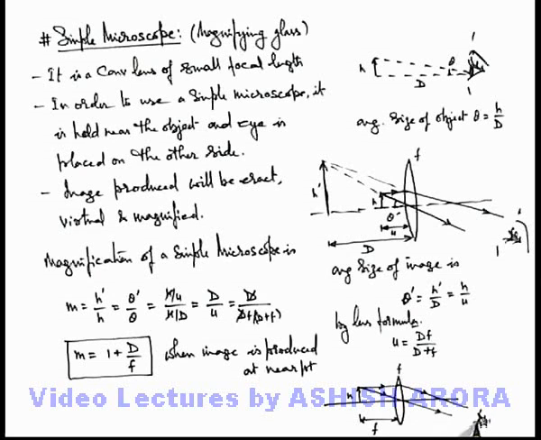And from this side, if the observer looks into the simple microscope, the image will be seen at infinity. Say in this situation the angular size of the image is theta prime, then theta prime we can write as h by f.